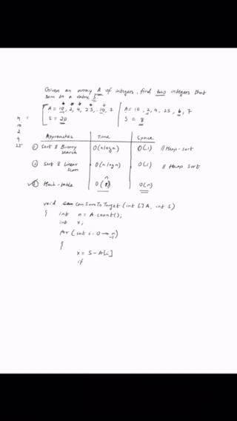Then I do a lookup, so I would have a hash table. I'm going to have a class, a hash table. Let's call it H here, and assign a new hash table.